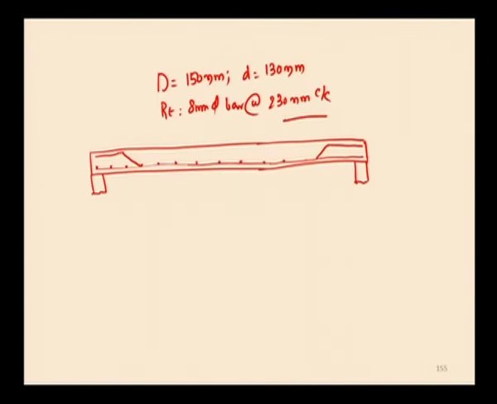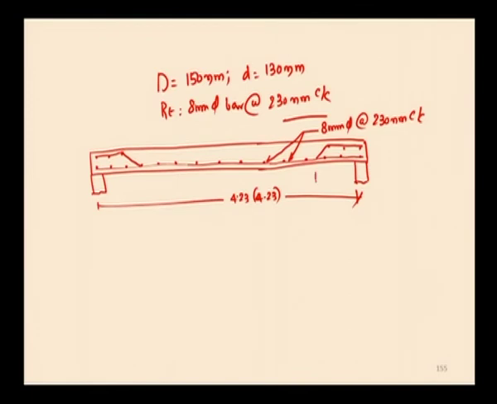Both the reinforcements are the same since the size of the slab is Ly equal to Lx. So, here this is 4.23 and the other direction is 4.23 meter. This reinforcement is also 8 mm diameter at 230 mm center to center.